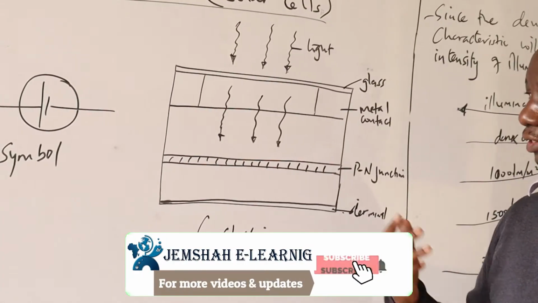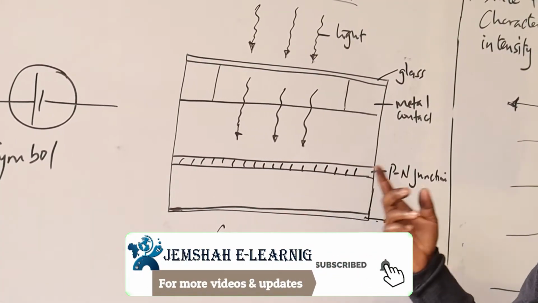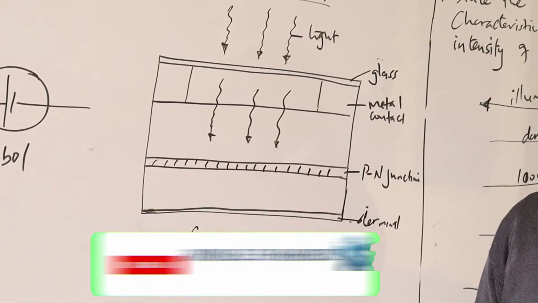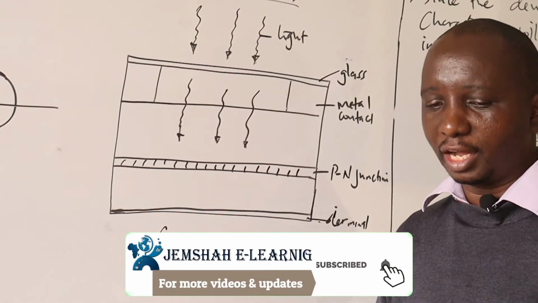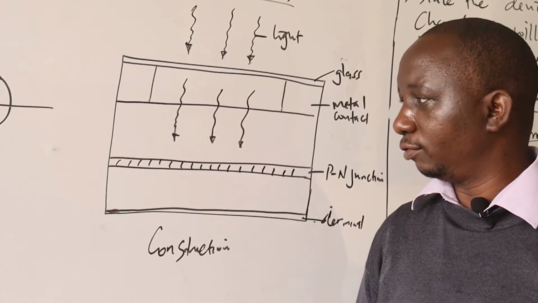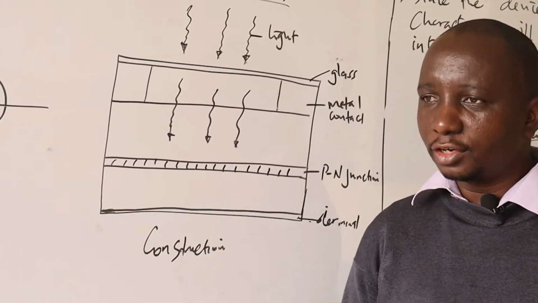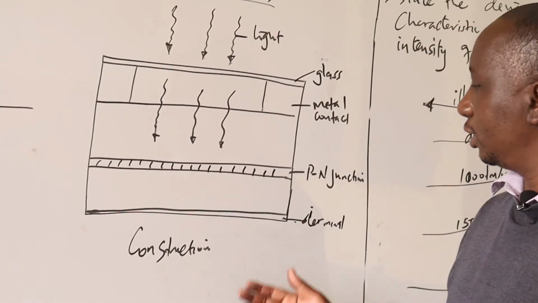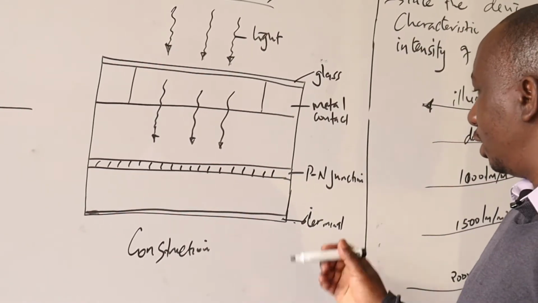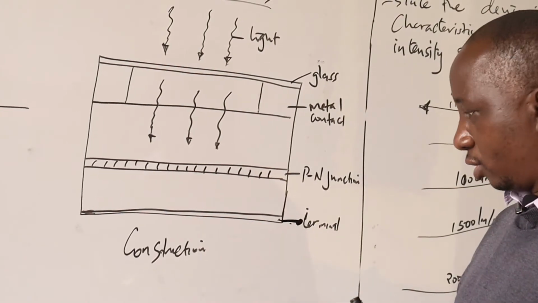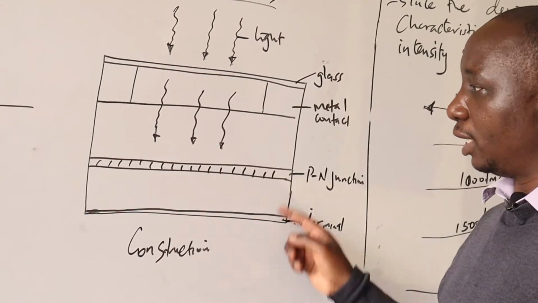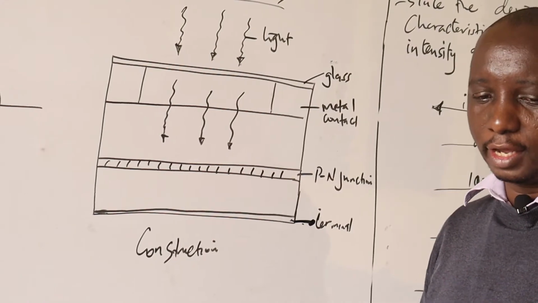Once the light reaches the PN junction, the PN junction is illuminated, and the cell becomes active. When the cell becomes active, it regenerates the process, and when we connect the conductors across the battery or across the terminals, then we shall see the current flowing if you connect the ammeter.